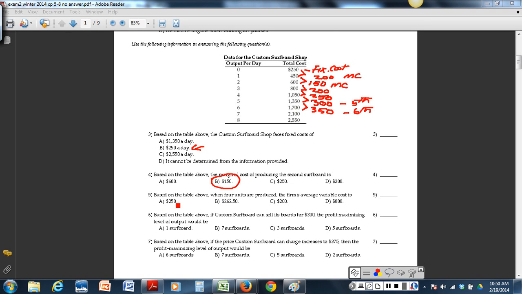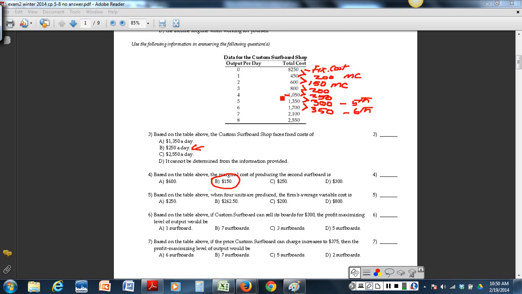And for problem number 5, based on the table above, when 4 units are produced, what's the average variable cost? Even though we are only interested in marginal cost, from an accounting standpoint, we want to know the average variable cost. Then 4 units were costing me in total $1,050.